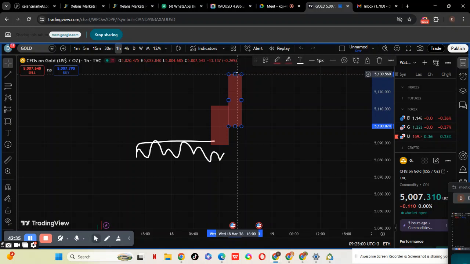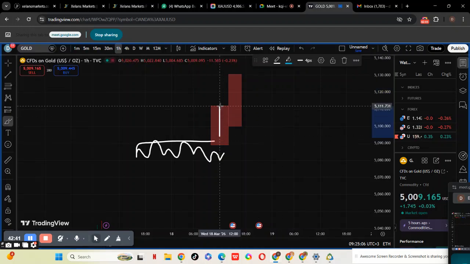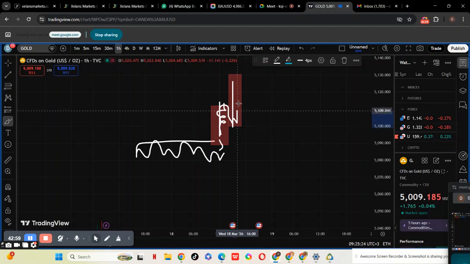So where do you enter as a trader? You take a trade after this retest. The candle is closed above, the next one must come down a bit. Then you can enter at any level if this next candle touches the body of this previous candle. If it touches any part of that body and starts to form a wick, that's when you should enter.